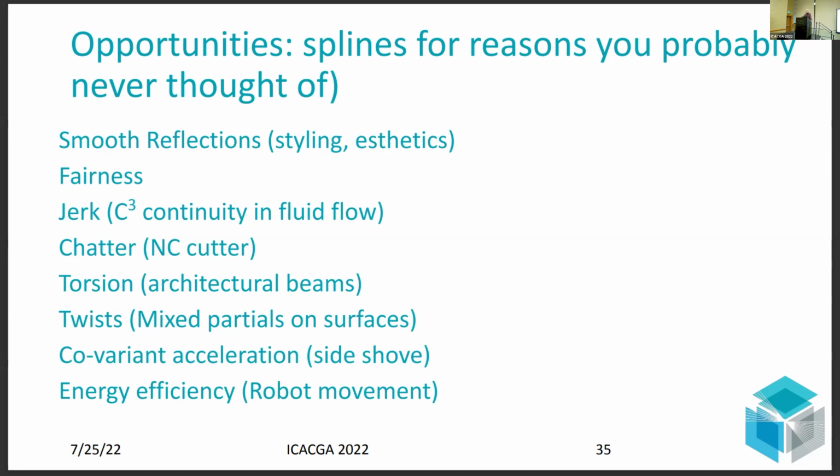Chatter. So if I'm milling, and so much of your stuff is made by milling, that drill bit going across the thing, you don't want it suddenly chattering. Why does it chatter? Well, it's one of the main, I'll get to it in a second. Torsion, I'll get to that one. Twists, this was a real problem putting Bezier things together. The twist is basically the mixed partial where surfaces come together.